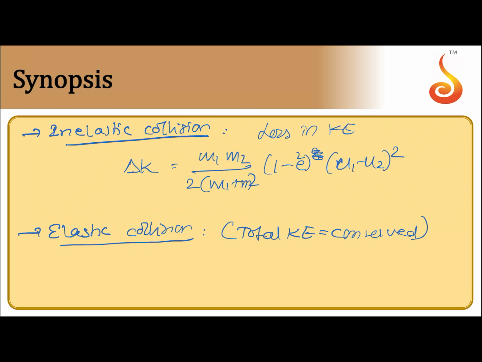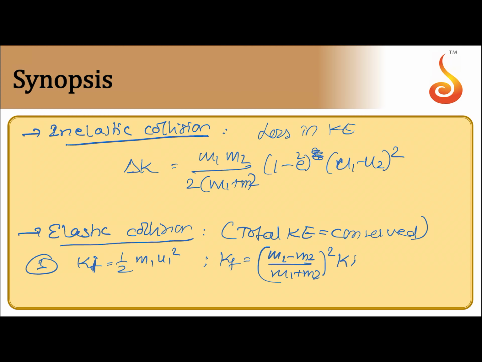Now, suppose I concentrate on the first particle in our earlier example, then its final kinetic energy can be calculated, its initial kinetic energy being given by half m1 u1 square, and the final kinetic energy can be written as (m1 minus m2) divided by (m1 plus m2) whole square into the initial kinetic energy.